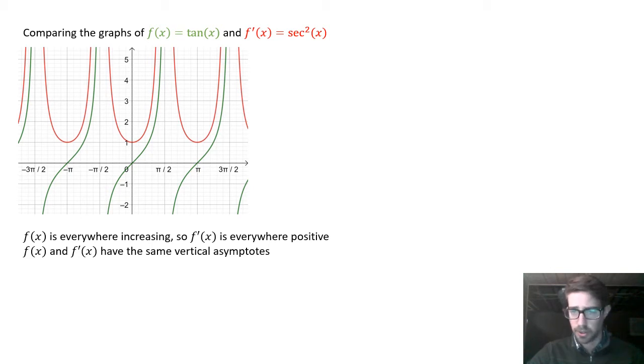And it sure looks like the red graph is. In fact, it's secant squared, so any number squared is positive, so that works out. So at tangent's vertical asymptotes, at all those pi over 2's, right? Pi over 2, 3 pi over 2, it shoots up really fast to infinity, which means the derivative should get really big as well. So that works. The secant function also has asymptotes at all those same exact locations.